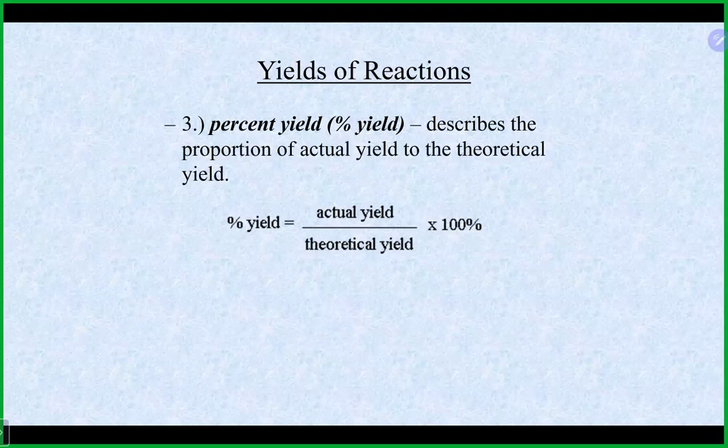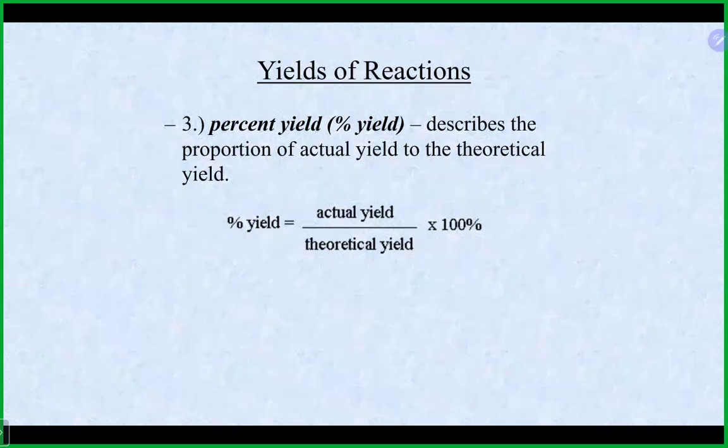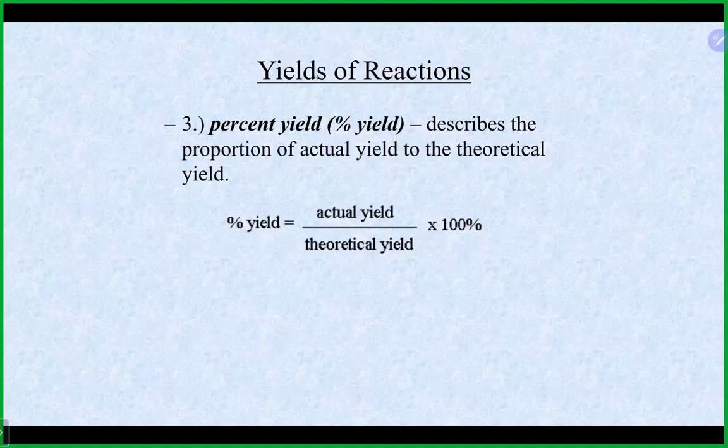Unlike percent error, where we're trying to have a small percent error, for percent yield, we're actually looking for a bigger number. So percent yield is like how good you kind of did. If you have a higher percent yield, you did pretty good in that experiment. If you have a low percent yield, you probably dropped stuff all over the place and didn't do it very well. This obviously should be a number ideally below 100%.